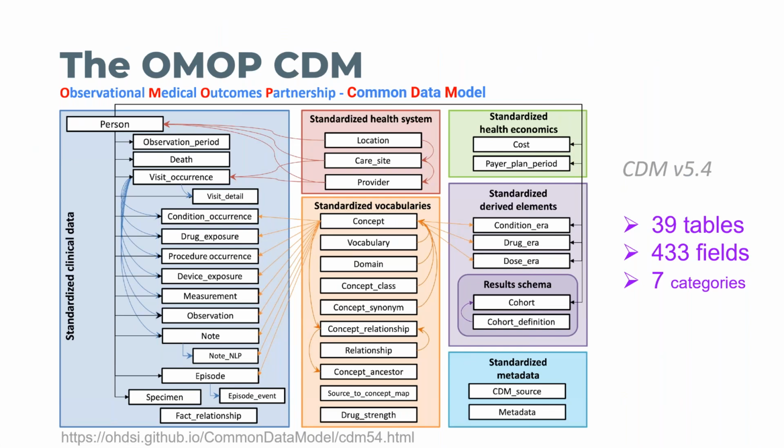So the concept table is probably the most important one. It's one of the biggest tables that you have in OMOP CDM, and it will contain one row for each piece of information that exists. Let's say a location has a concept associated to it, a care site has a concept associated to it, a provider, a person, a condition. Everything that exists needs to be registered in the concept table.